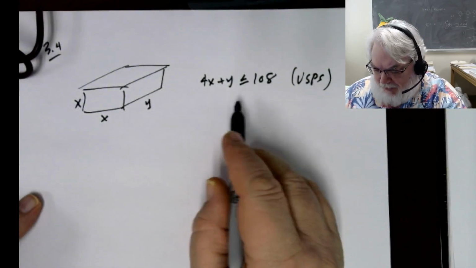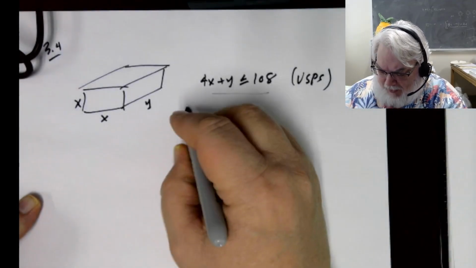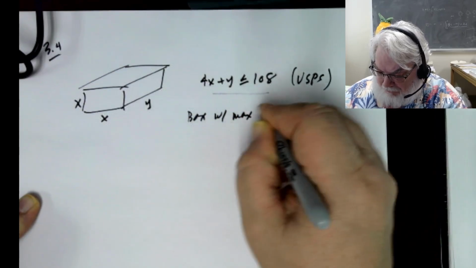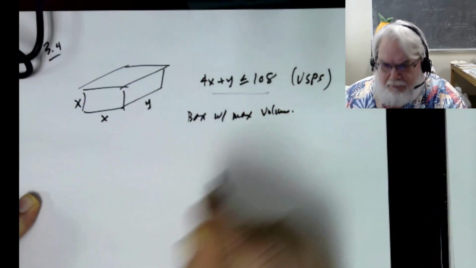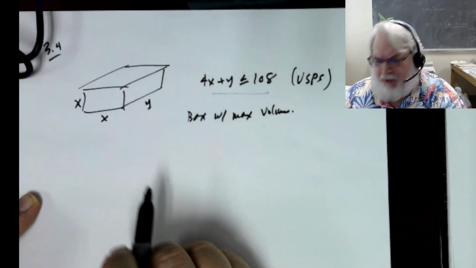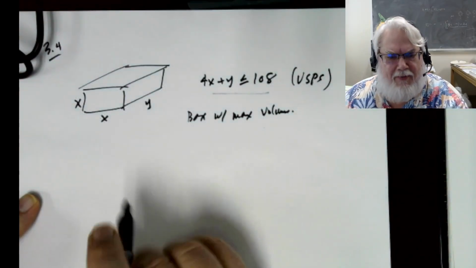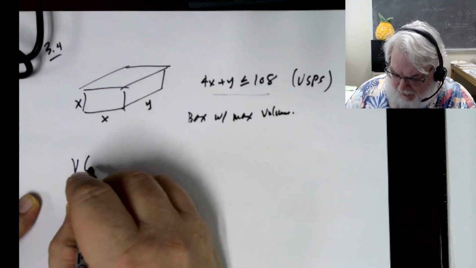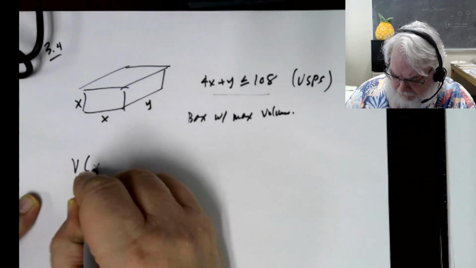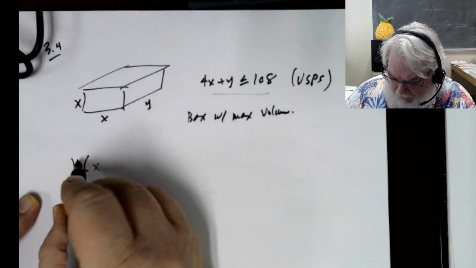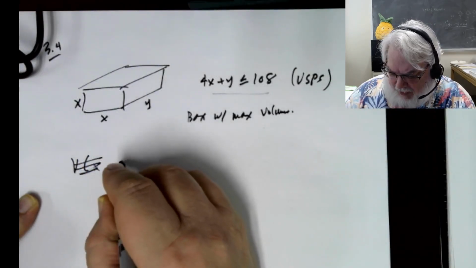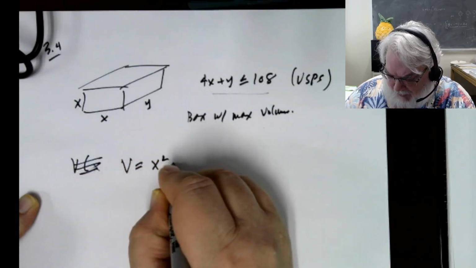Now with this restriction, we want to find the maximum, or the box with max volume. The volume of the box is going to be x squared times y.